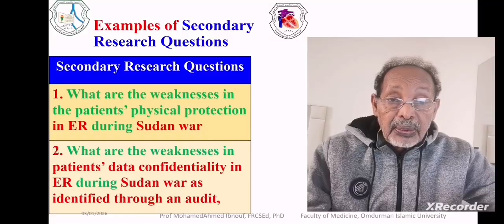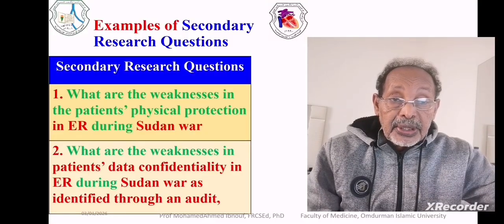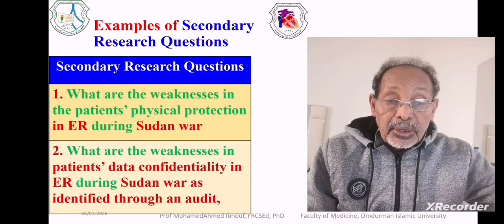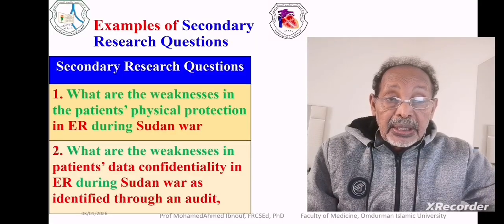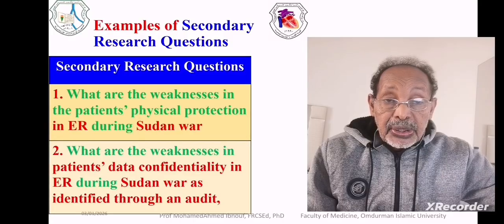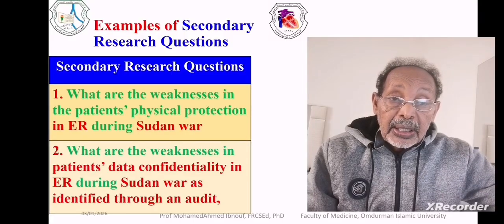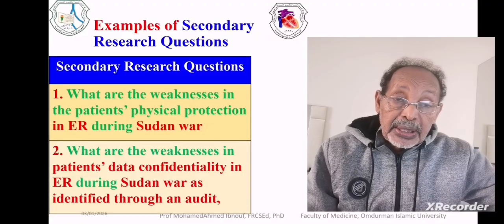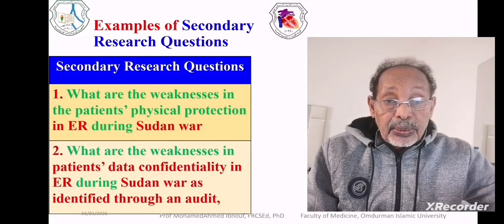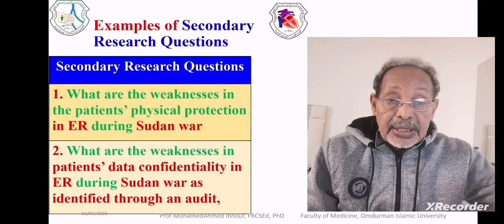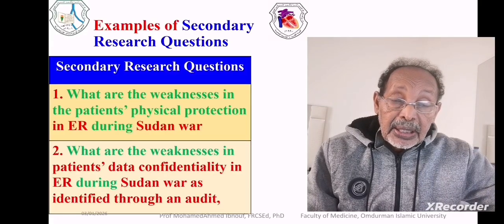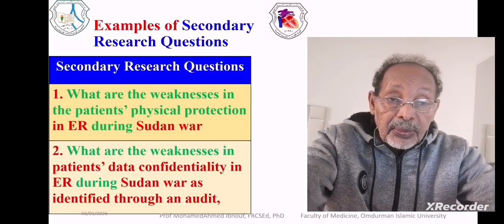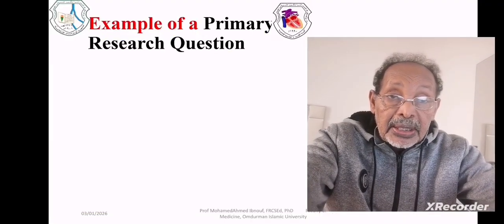And we can break down the patient data confidentiality into the notes of history taken by the doctor. Are they protected not to be read by other persons, not to get lost? And the notes on physical examination, are they also protected? And their requests for investigations or the results of investigations, are they protected not to be seen by others? So we can develop some variables for our study here.